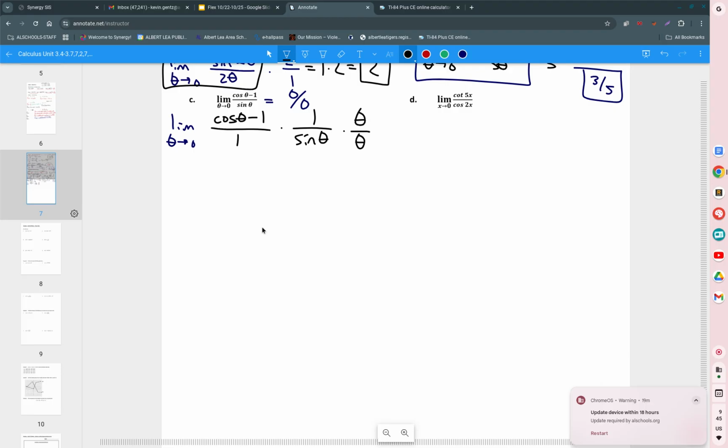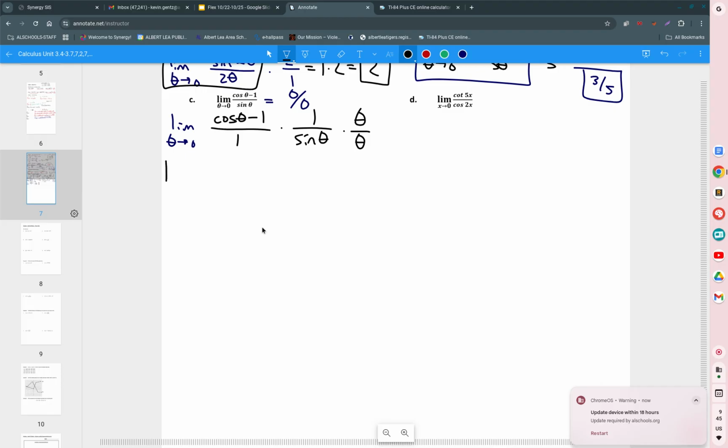Let's consider the 1 over the sine of theta. That's very similar to sine of theta over theta, isn't it? If I put this theta here, I'll have theta over the sine of theta, which will just be the reciprocal. And what's the reciprocal of 1? 1. So you can see that that's going to work out quite nicely as well.